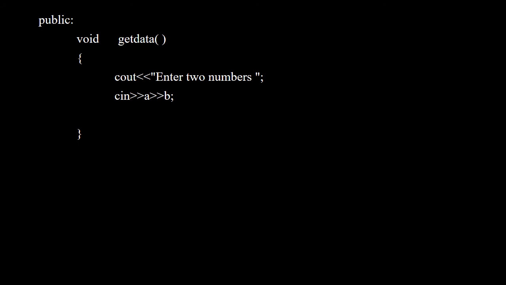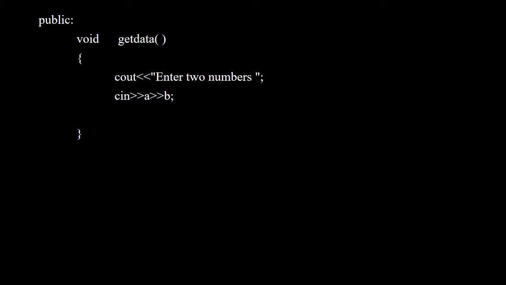Now we'll define the public access specifier. It has three functions: getData, putData and compute. Whatever program we write has a set of input statements, a set of calculations and a set of output statements.